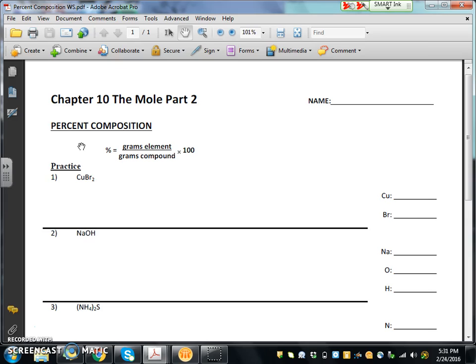So if we look at copper bromide in problem number 1, we see that we have copper and bromine. And actually, I'm going to scoot this over so I have a little bit more room to work with.